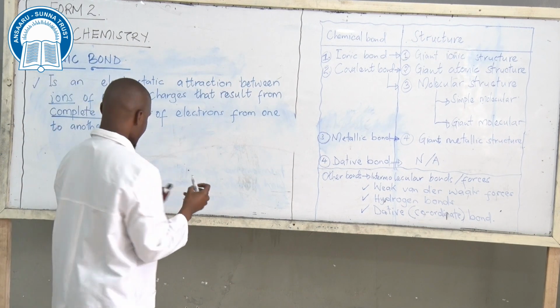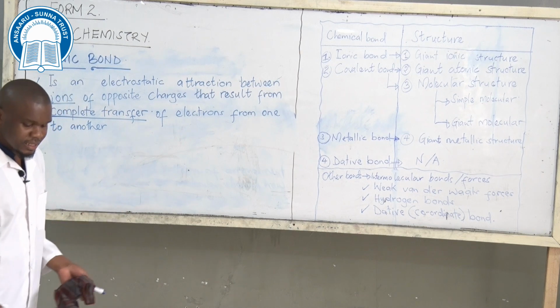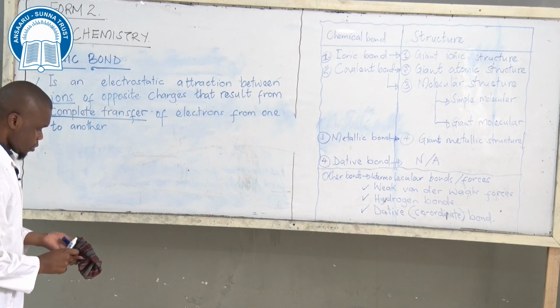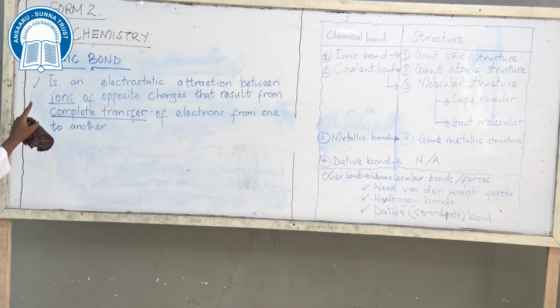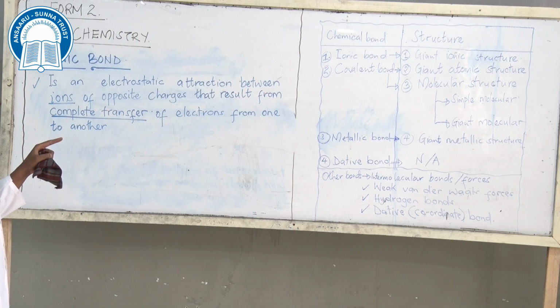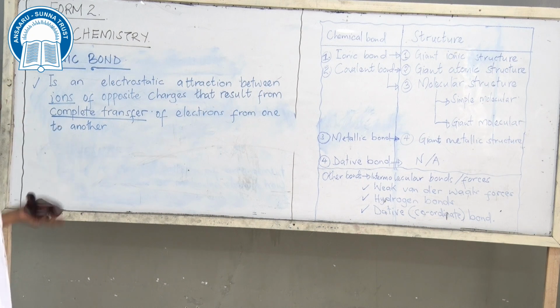So we are seeing an ionic bond, as the name suggests. We are saying it is actually an electrostatic attraction between ions of opposite charges that result from complete transfer of electrons from one atom to another.